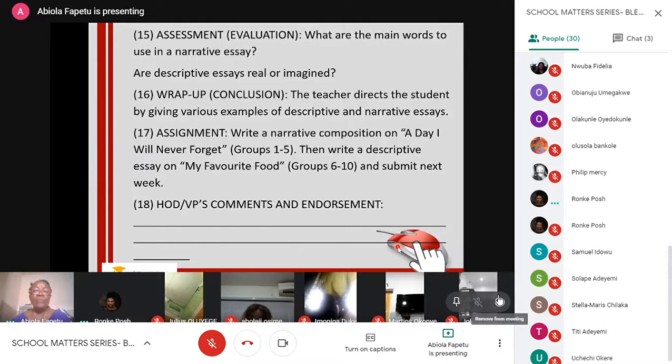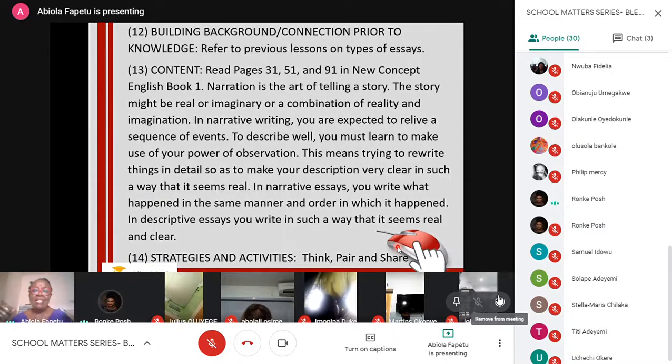Now, the blended learning takes items 1 through 11 as it was given to us before. But item 12 is now different.